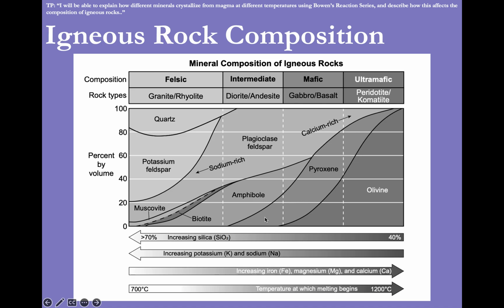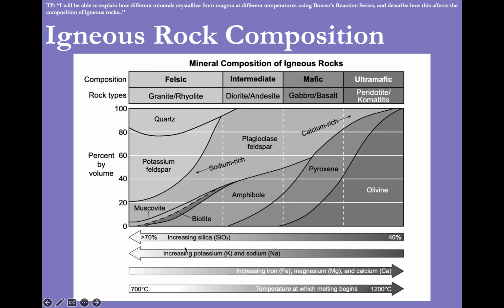All right, the other key thing is we have increasing silica going to the left here. So your felsic rocks are high in silica, and the ultramafics are very low in silica. SiO2. Si stands for silicon. O stands for oxygen. This is what we call a silicate mineral.